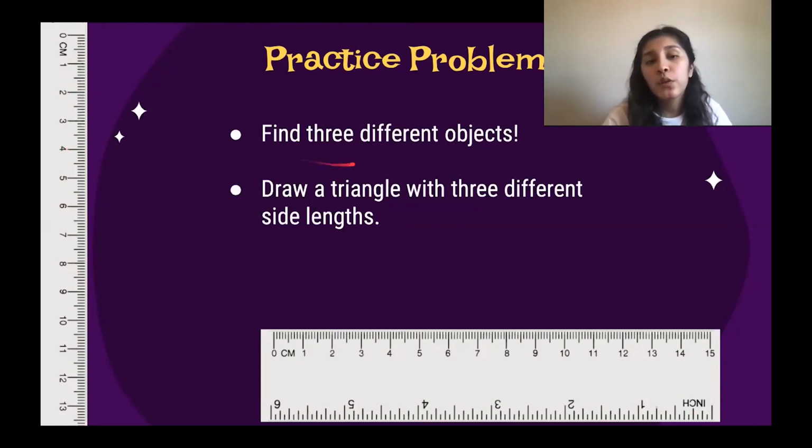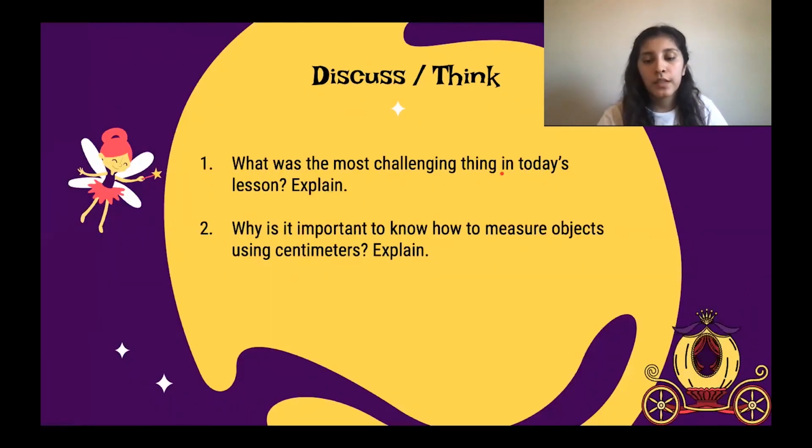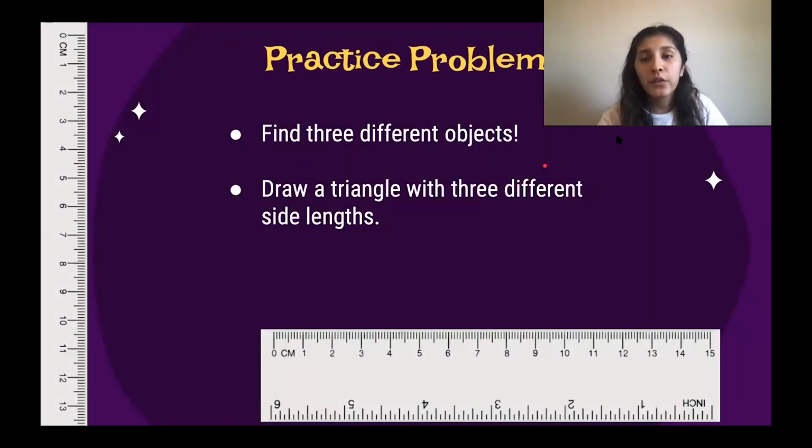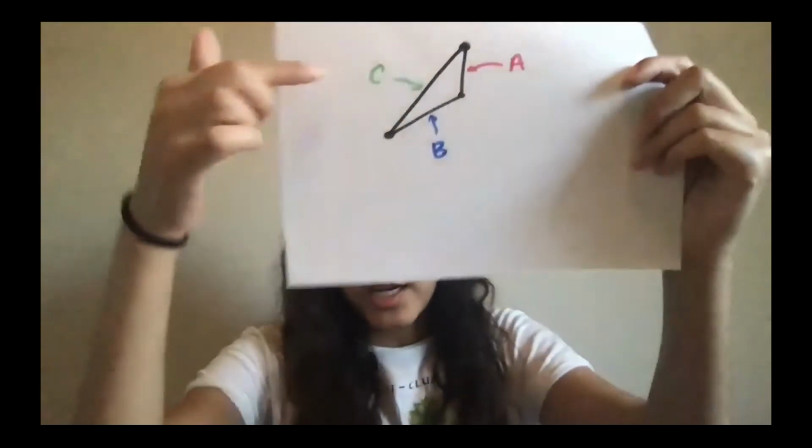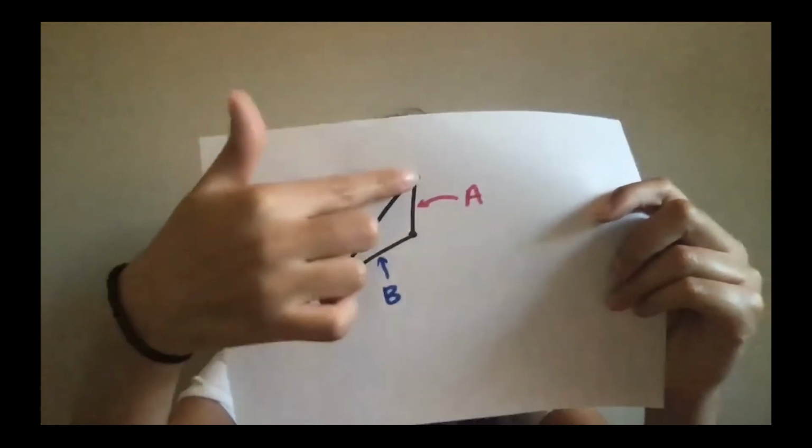And if you don't have 3 objects, that's actually fine, because you can go ahead and get a piece of paper and draw a triangle with 3 different sides.